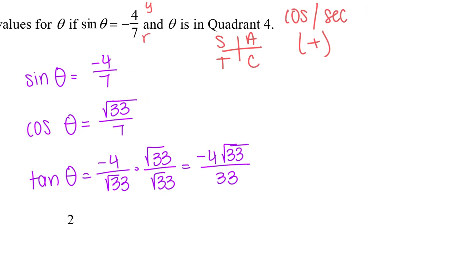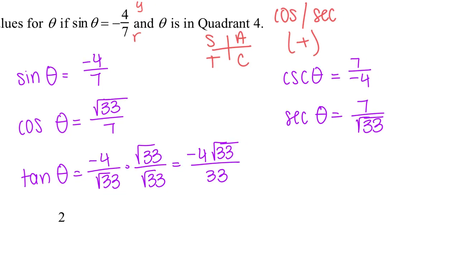Going ahead and doing cosecant theta, which is r over y, 7 over negative 4. Secant theta, I'm going to get 7 over the square root of 33.